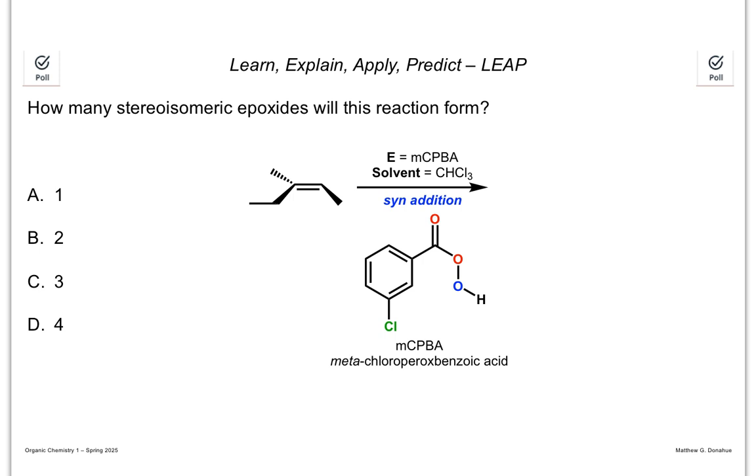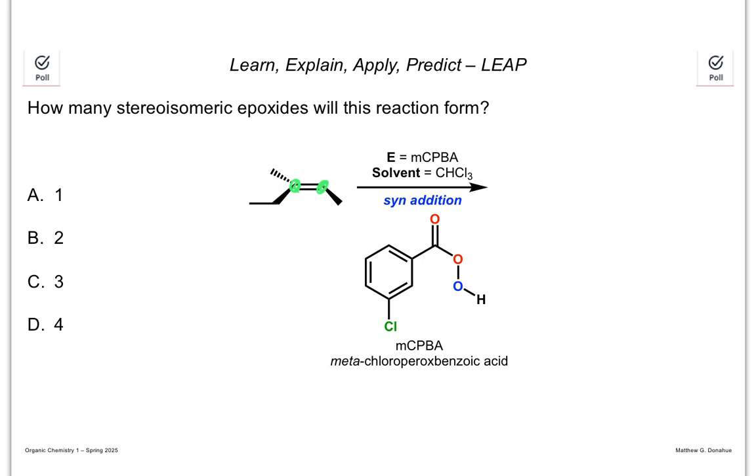So it says, how many stereoisomeric epoxides will this reaction form? How many faces of the alkene are there? So again, if we consider, I'll dot these in like green.